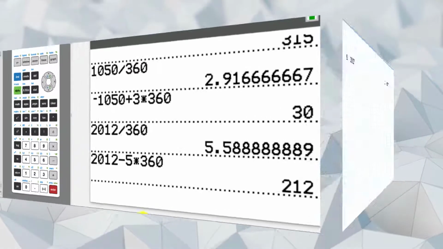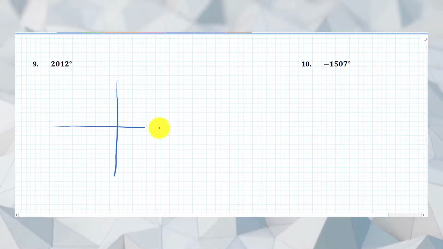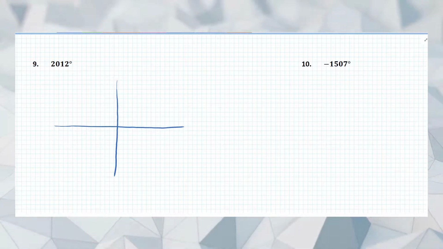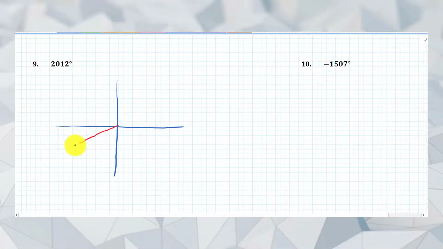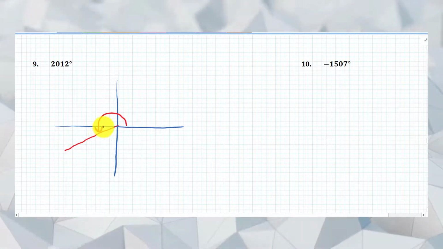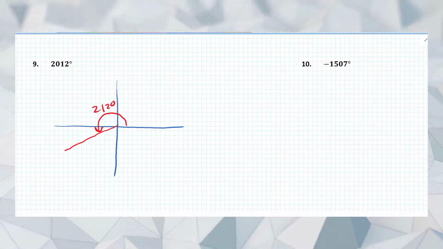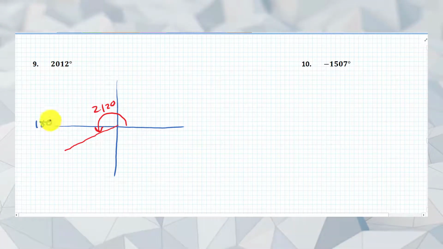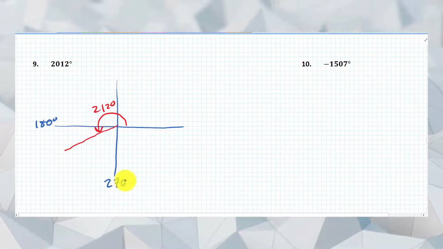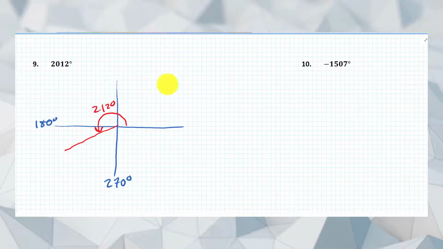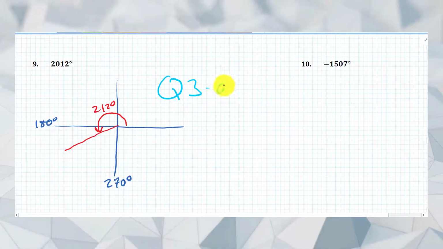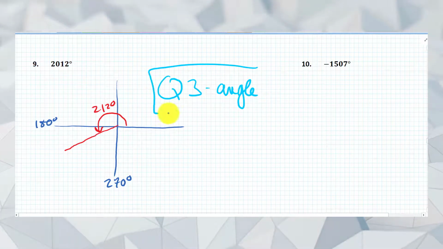Okay, let's report that. So the coterminal angle I was looking for is 212. It's going to be somewhere here. So this is a third quadrant angle. Why is it somewhere here? Remember, this measure is 180 degrees and this is 270, right? So this angle is a Q3 angle, a third quadrant angle.